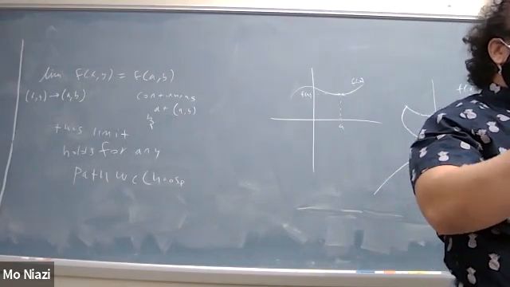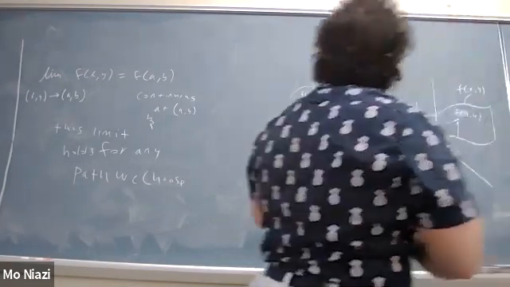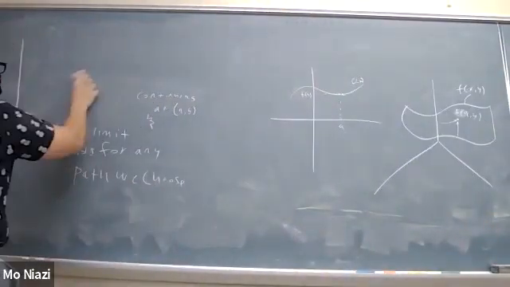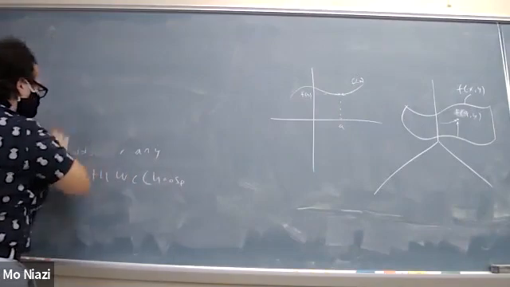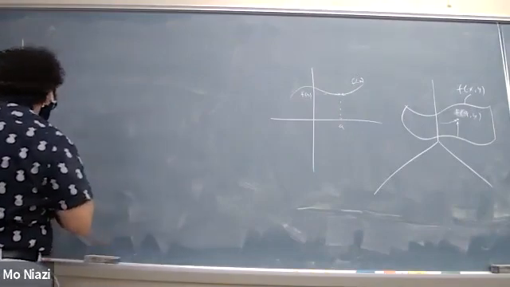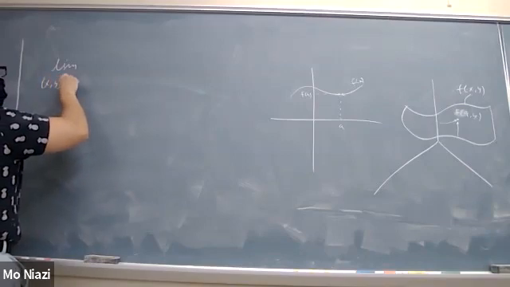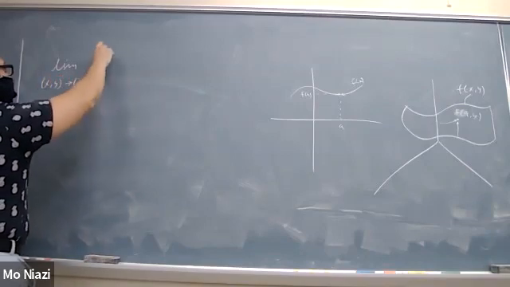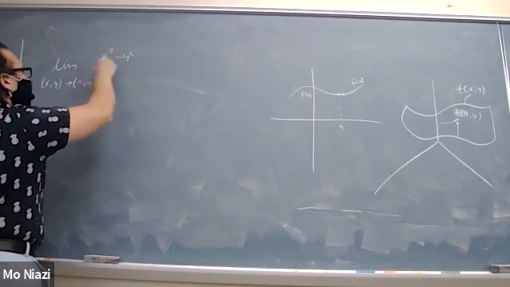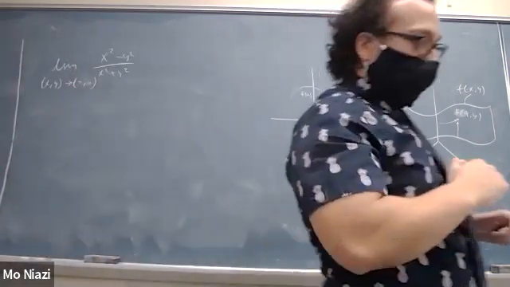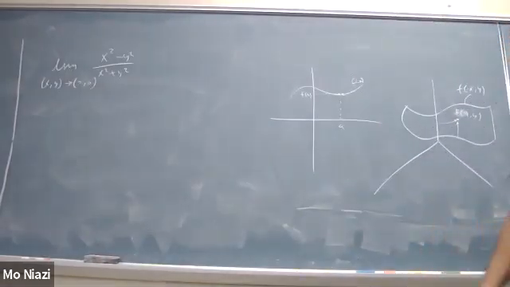So let's see an example of this at play. Let's evaluate the limit as x and y approach 0, 0 of this function. Okay.